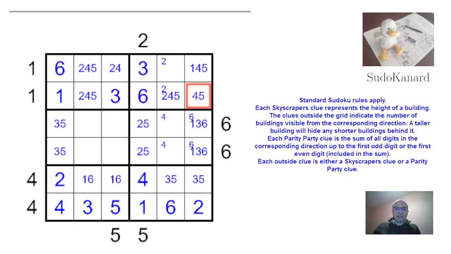It has very strong implications. So let's try a 3 here. So 3 here makes this 4, this 5, this one, that's a 2. It's 4, 5, 2.